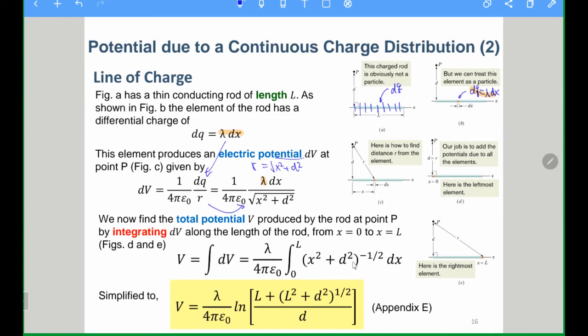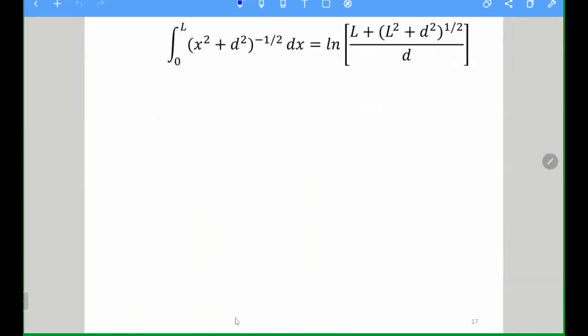Suppose you have learned calculus, you should know how to come up with this expression. If you don't, let's do it quickly.